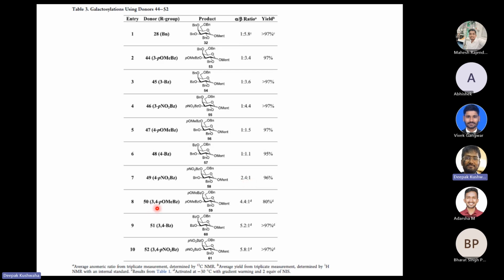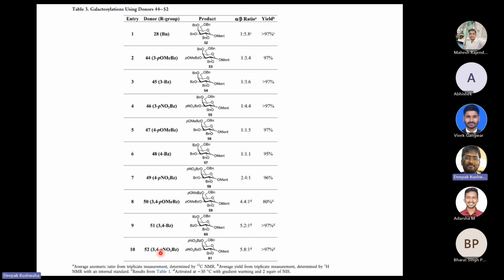And when they keep the para-methoxybenzoate donor at both C3 and C4, they are still getting a better alpha to beta selectivity ratio, but not as much as this one. When they are using benzoate at both C3 and C4 and the others OBn protected, they are getting better than this methoxybenzoate donor. So the moment they put in more electron deficient groups, the alpha selectivity is increasing.